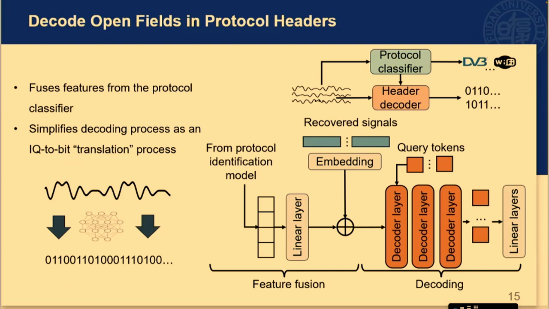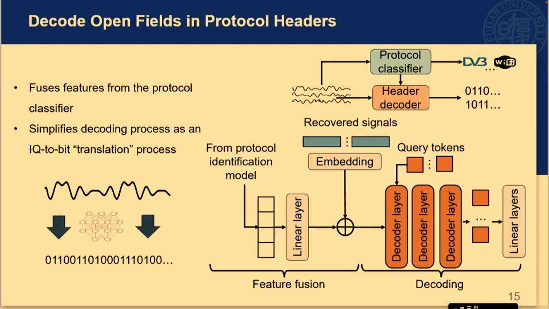For the decoding modules, SignalsforTerrestrial treats the decoding process like an IQ-to-bit translation task, similar to natural language processing. Features are fused with intermediate features from the protocol classifier. We also use query tokens for cross-attention, where each token represents a query for a specific bit in the protocol header.